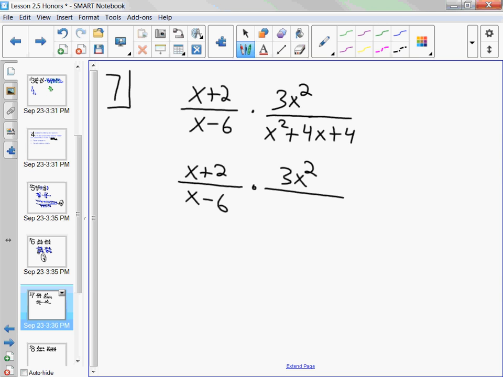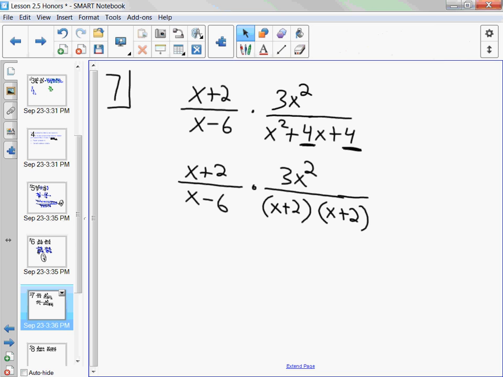Remember, we're looking for two numbers we can multiply together and get this 4 at the end, and when we add the numbers together, we get 4. I think most of you guys know what that factors to be: x plus 2 times x plus 2. Because 2 times 2 is 4, and 2 plus 2 is 4, right? So we've completely factored it now.